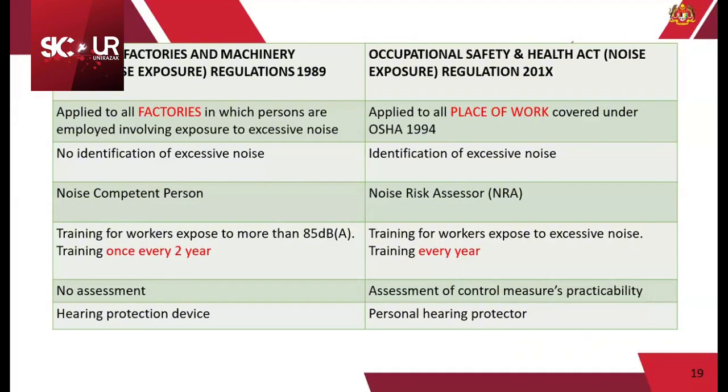So untuk di bawah OSHA regulation 2019, training of worker exposed to the excessive noise, training is every year. Kalau dulu tak ada assessment, so sekarang ada assessment of the control measure and practicability. Dulu kita panggil dia sebagai HPD ataupun Hearing Protection Device. Sekarang kita panggil dia sebagai Personal Hearing Protector ataupun PHP.